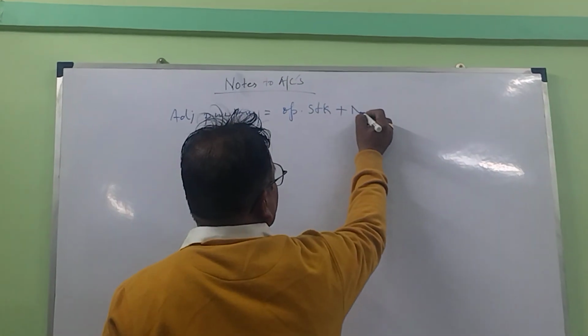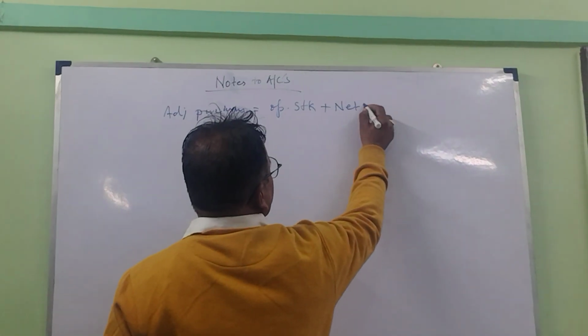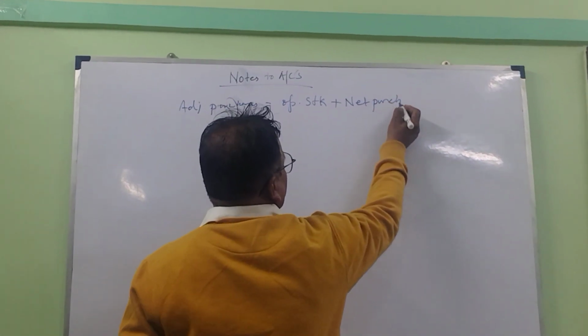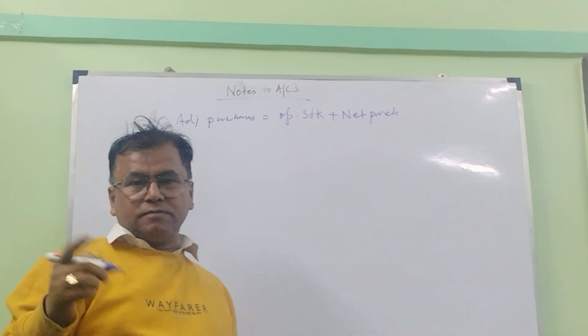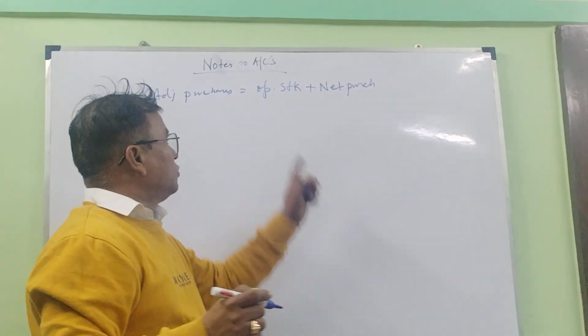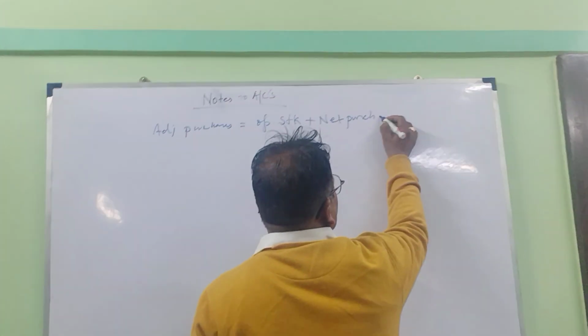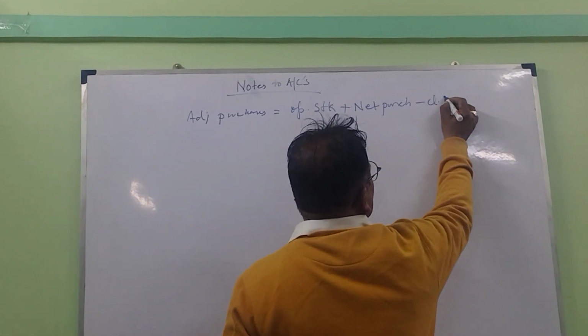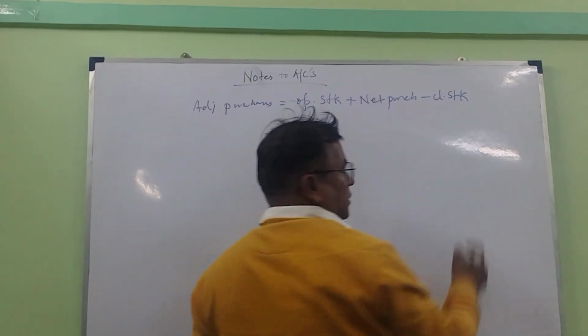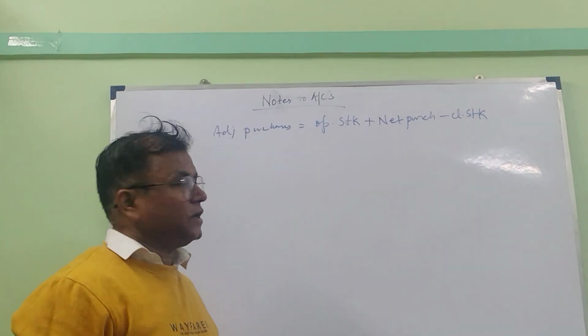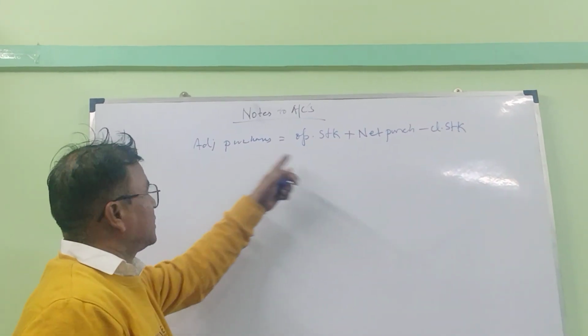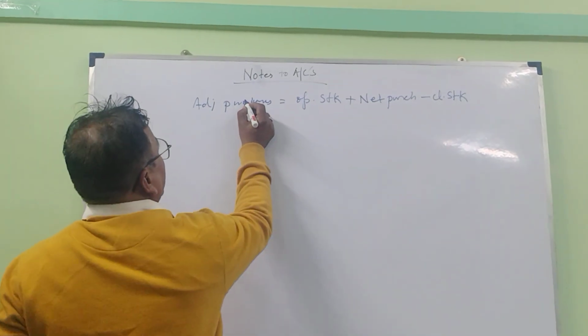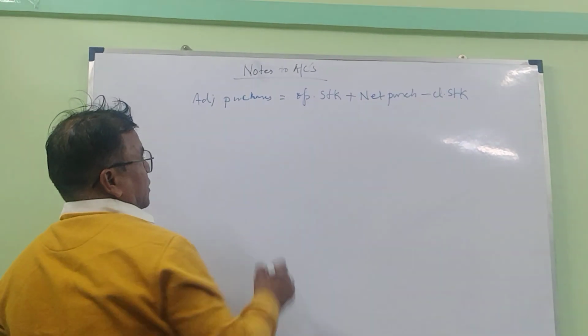And if you add the fresh purchases in this year, net purchases is purchases minus purchase returns. So net purchases, and then if you deduct the closing stock of this accounting year at the end of the year, so that is the formula of adjusted purchases.